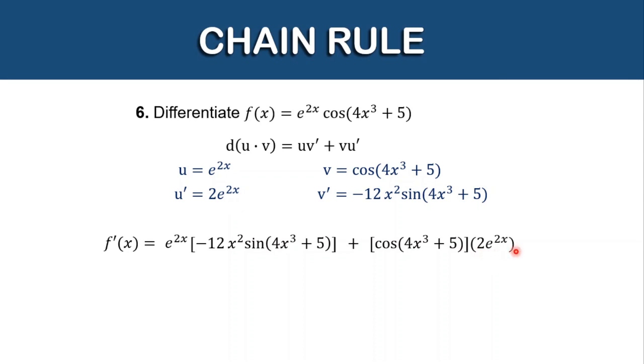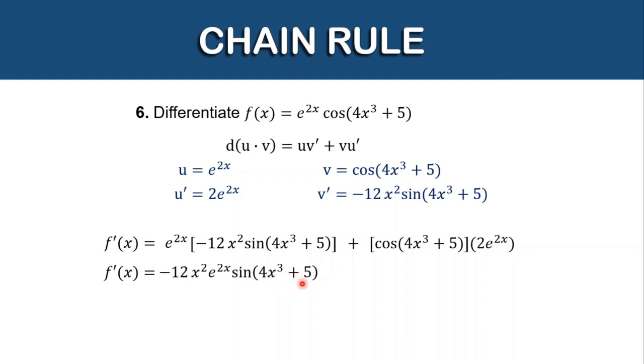And dito we have two terms. So ito yung first term natin and ito yung second term. So pag pinag-multiply natin yung lahat ng factors sa first term natin, we're going to have negative 12x squared e raised to 2x sine of the quantity 4x cubed plus 5.